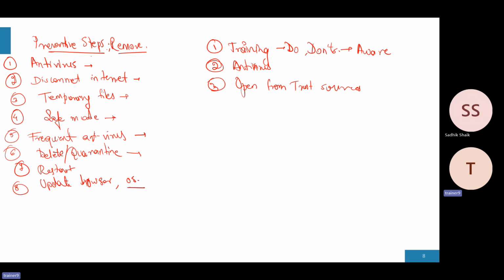Then the other thing you can do is keep updating your antiviruses on a frequent basis. That is also very important because they have new definitions and updates coming in. So you keep your operating system updated, you keep your antivirus updated, and the programs updated, which will resolve the vulnerabilities that might be there, right?